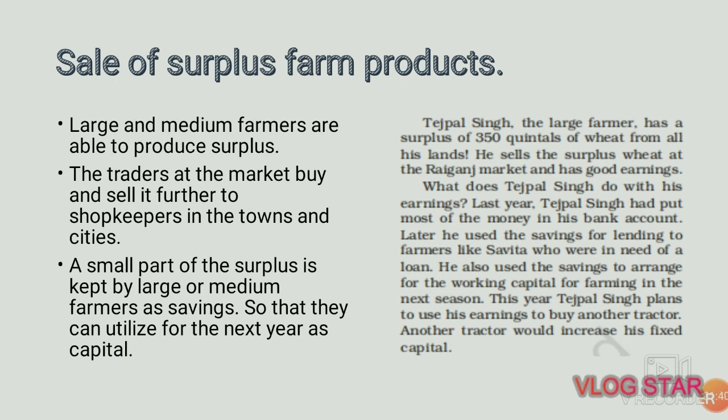Okay, so at Tejpal Singh, you will see how he has got a surplus of 350 quintals of wheat and he sold it in the Raiganj market. And from that he got surplus money, and what he did is he kept it in the bank account. And not only did he keep it in the bank account, but he also gave loans to needy small farmers like Savita.